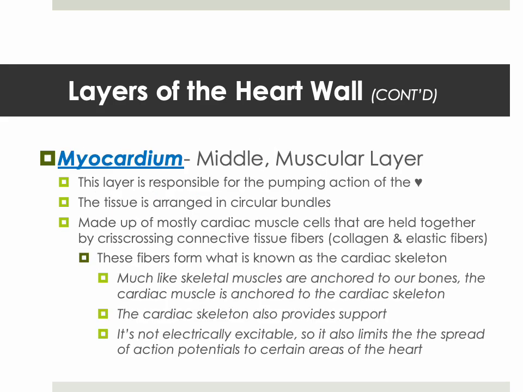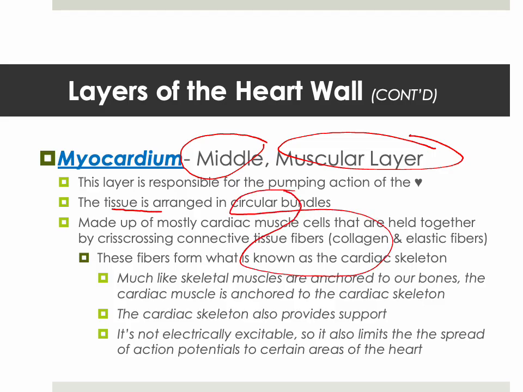Then we have the myocardium, the middle muscular layer. This one is responsible for the contraction of the heart. It's a tissue that is arranged in circular bundles like this, like an 8. And it's made up of mostly cardiac cells. So we talked about smooth muscle, skeletal muscle, and then we have cardiac muscle that we know is specific to the heart.